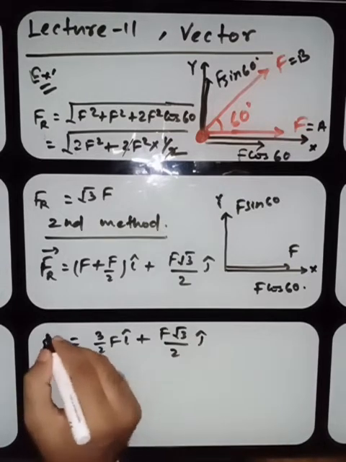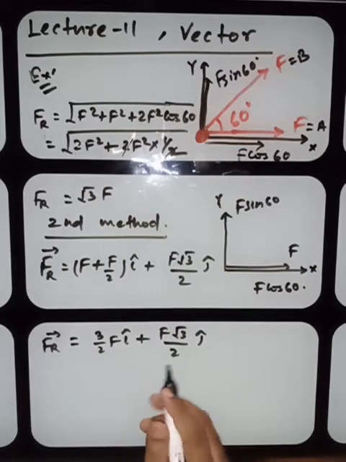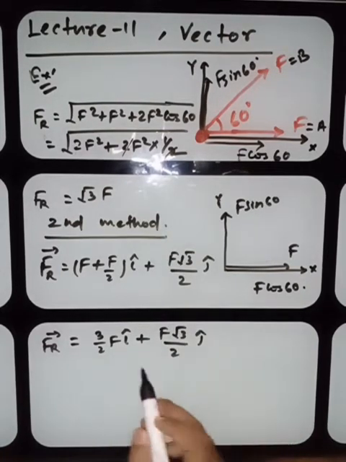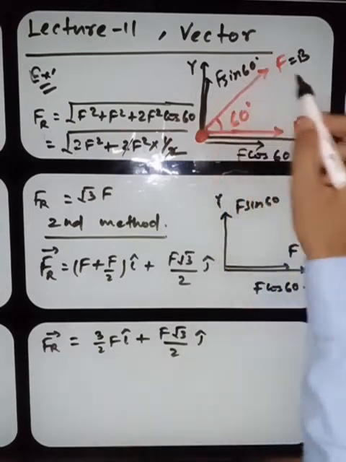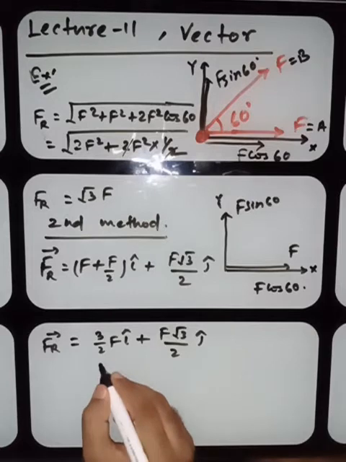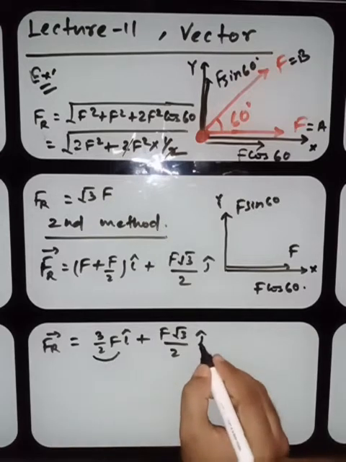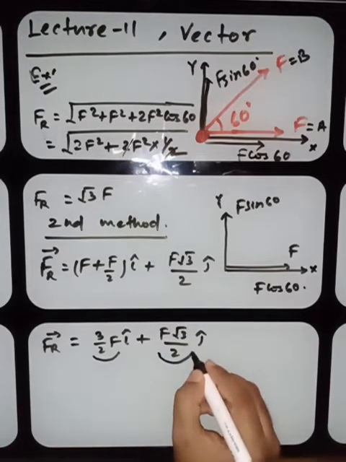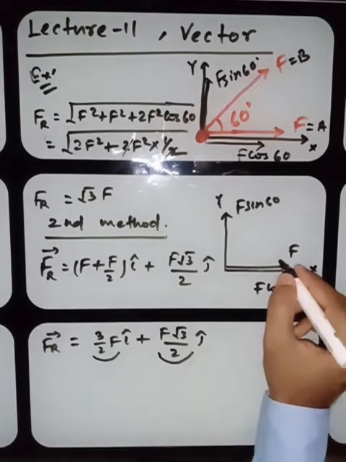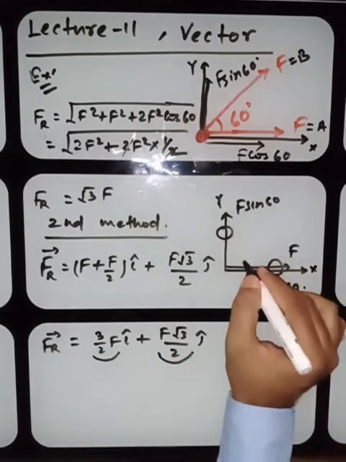And this is the resultant force. Now you can see we have just converted this force over the x and y axes. Here the coefficient of i is 3 by 2 F, the coefficient of j is F root 3 by 2, and we know that these two are perpendicular to each other.